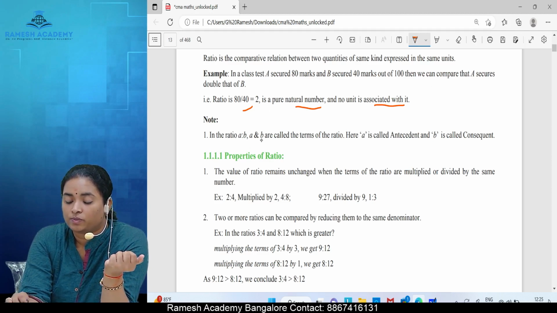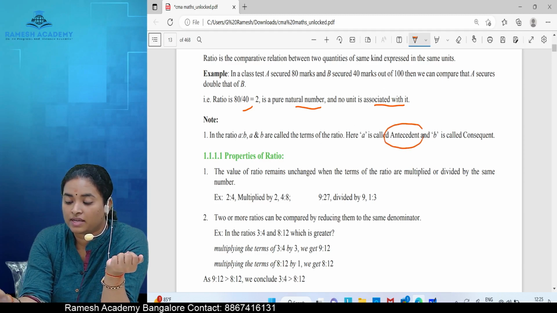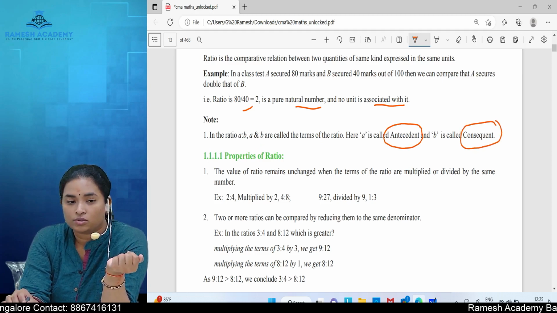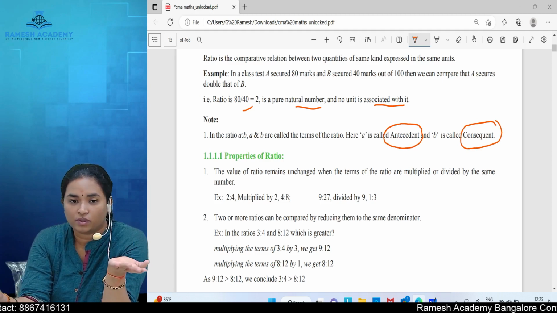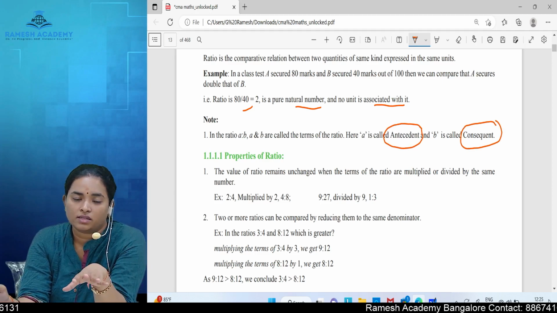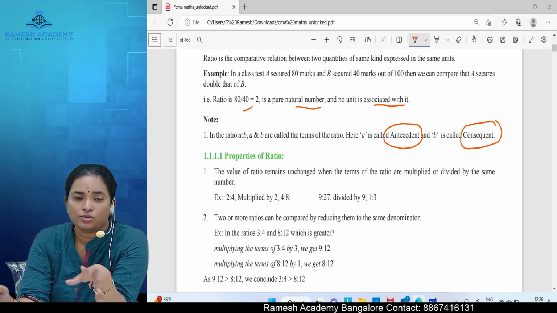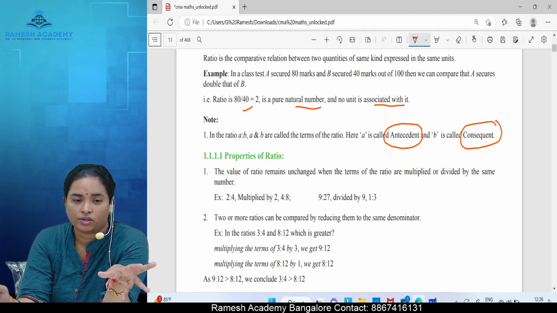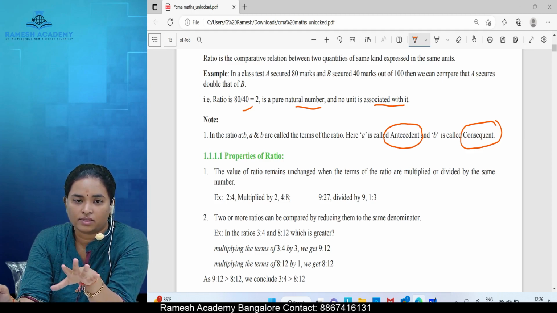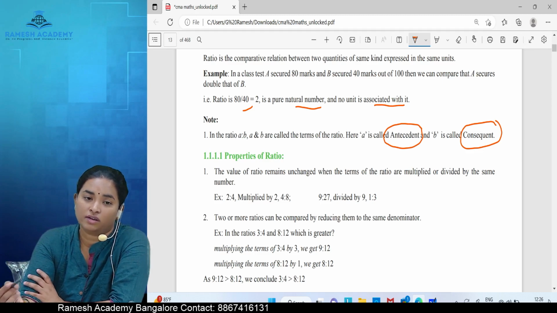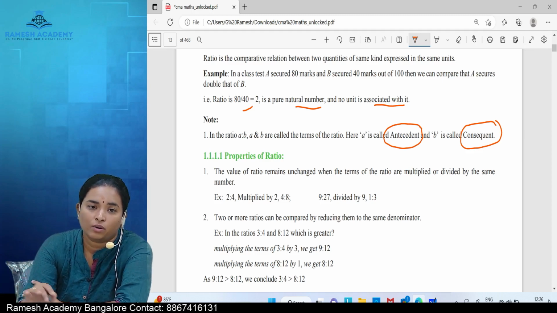In the ratio A is to B, we have some names for these. The first one we call the antecedent, and the second one we call the consequent. So in A is to B, A is the antecedent and B is the consequent. Why are these terms necessary? In an MCQ, they may ask you: assume the antecedent of the ratio is some number, and the consequent is some number, but you should know which is which, whether it is the first part or the second part.